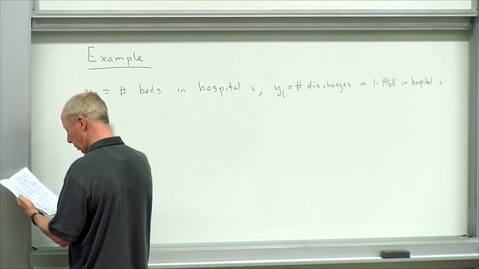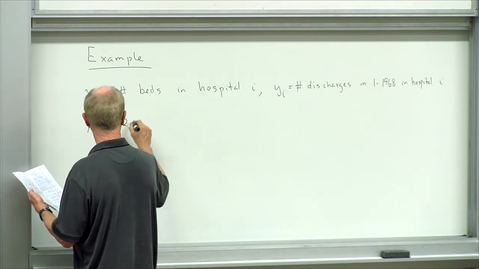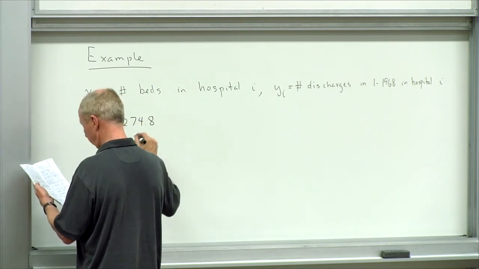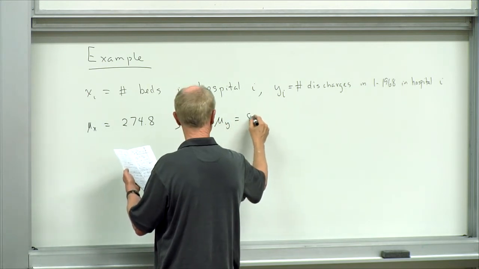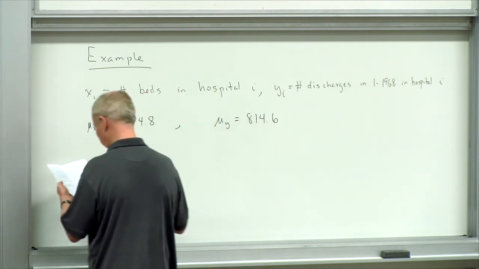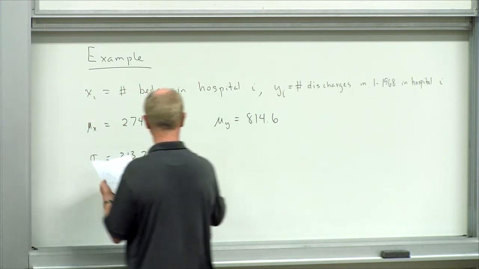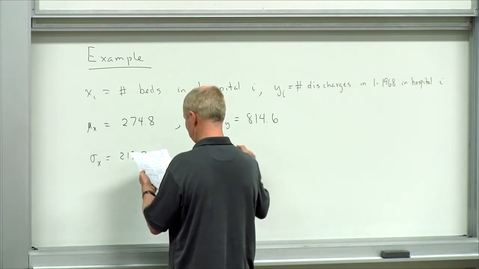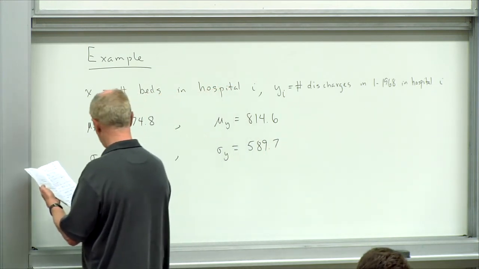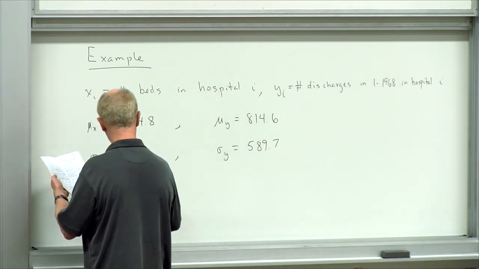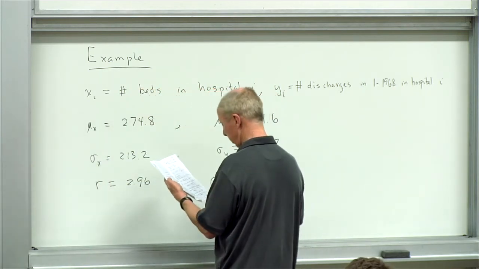The true population parameters here for the example in the book are mu x equal 274.8, mu y equal to 814.6, sigma x equal to 213.2, sigma y equal to 589.7, r equal to 2.96, rho equal to 0.91.